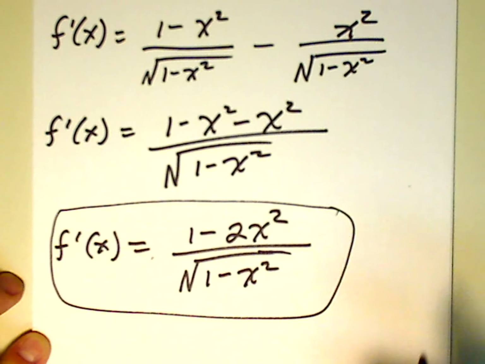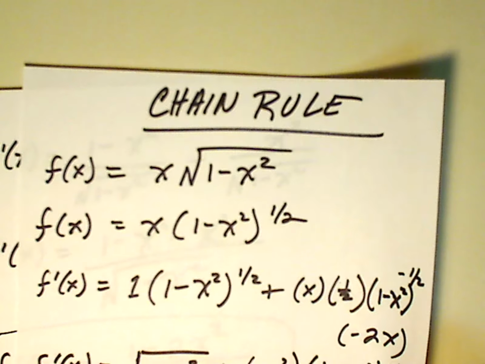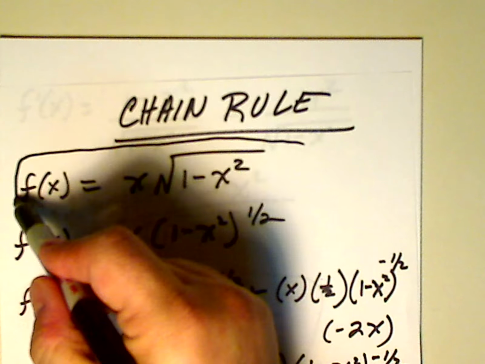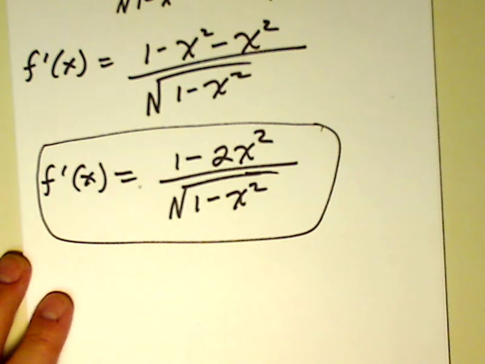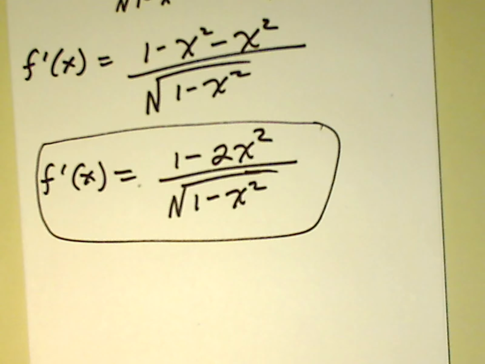And that, folks, is the first derivative of this. We started with this guy, and when we differentiated it, we wound up with this guy. So, that's the end of this problem in this video.